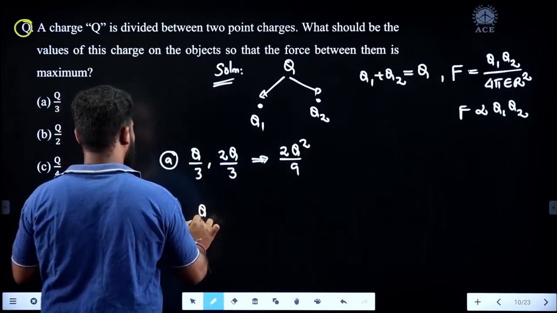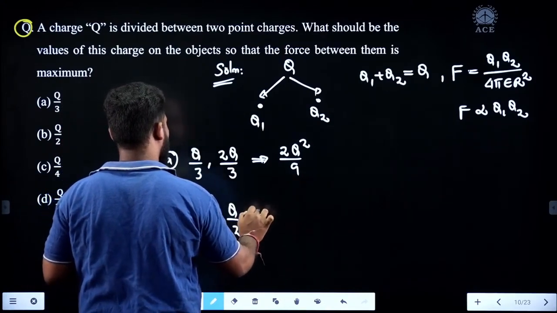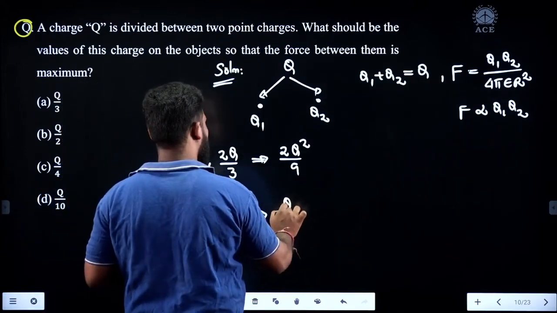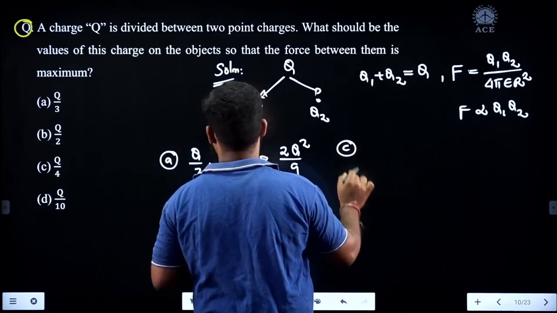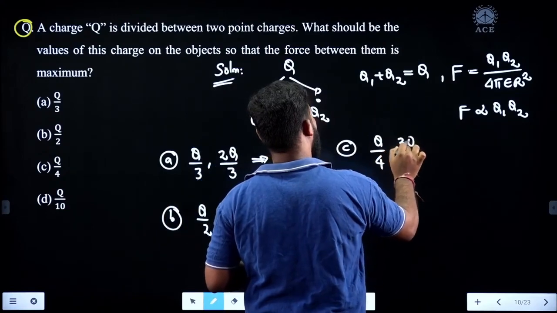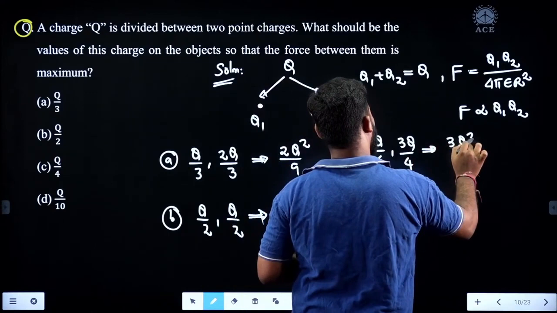It is Q by 2. Another charge will be Q by 2. What is the product of the charges? It is Q square by 4. Option C, Q by 4. What is another charge? 3Q by 4. What is the product of the charges? It is 3Q square by 16.